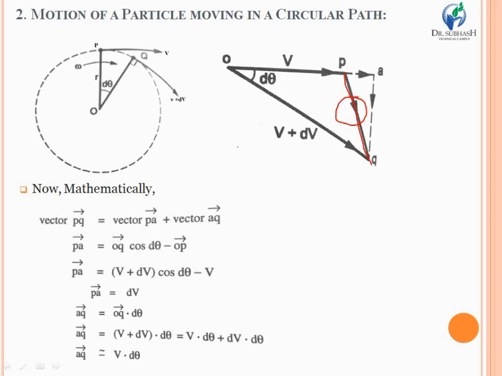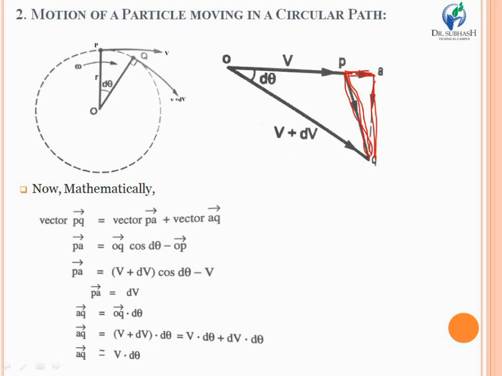Now kindly think about that resultant side, that means the resultant velocity, which is the change of velocity during the location change from P to Q. It can basically be resolved in two directions, one horizontal and one vertical.